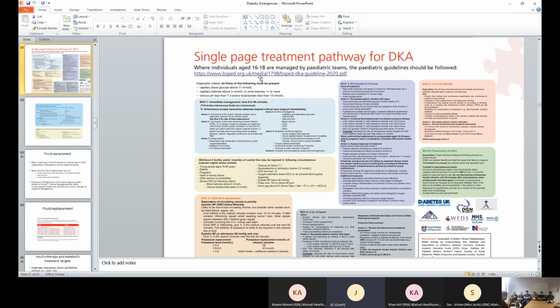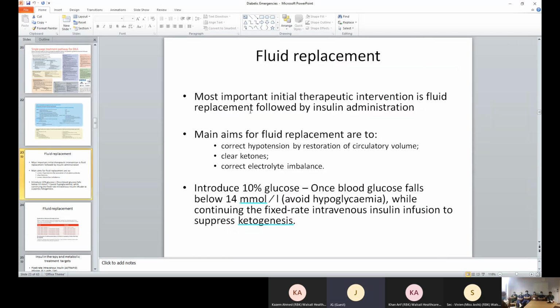This is the single most important thing that you should be doing: fluid replacement. Fluid replacement will address the dehydration, the electrolyte balance, everything, followed by the insulin administration.